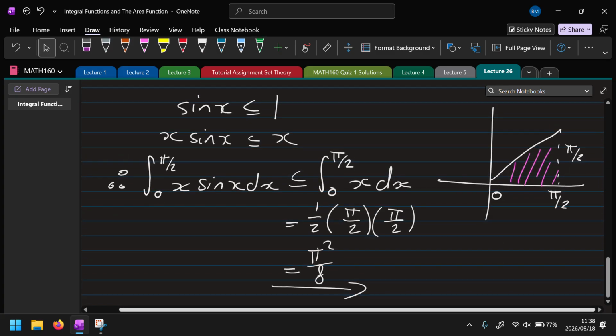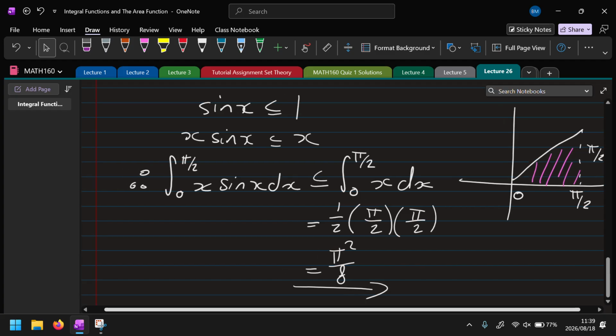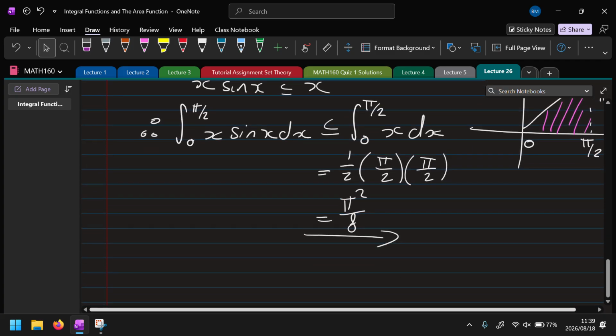So we have this complicated integral with x sine x, then we end up with a simpler integral with x, and we get our pi over 8, pi squared over 8. Any questions for this one?